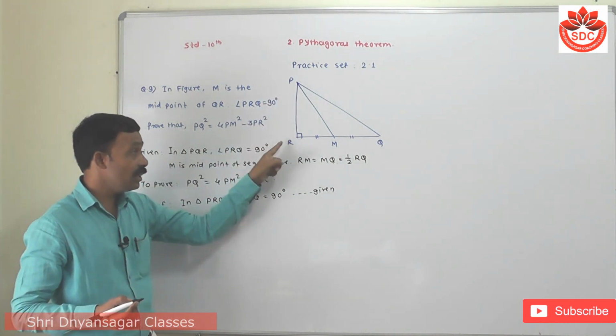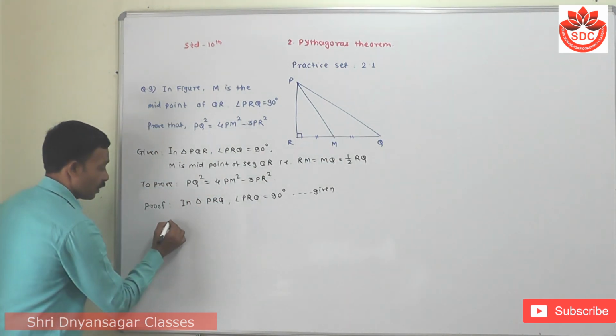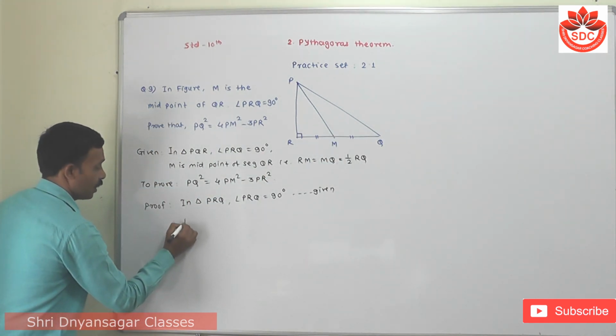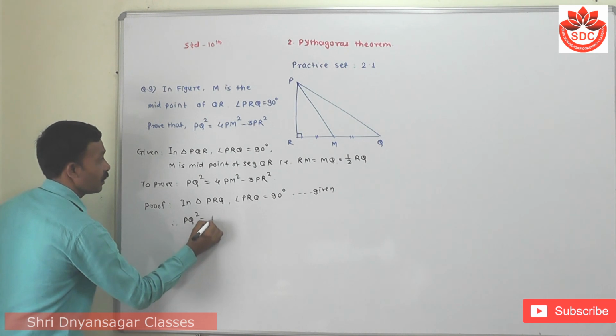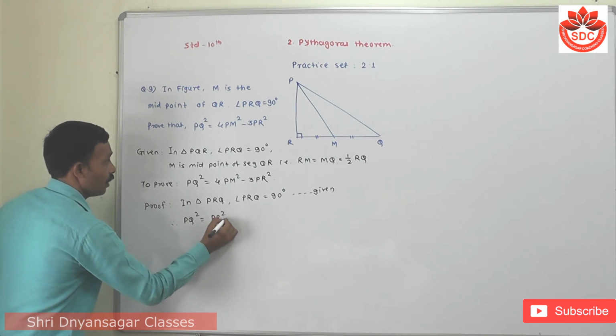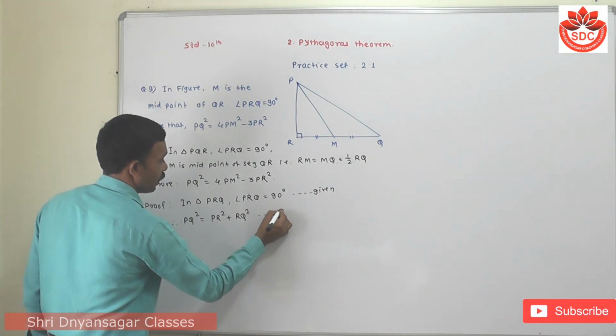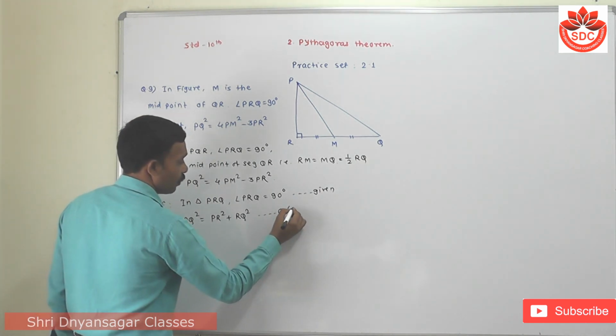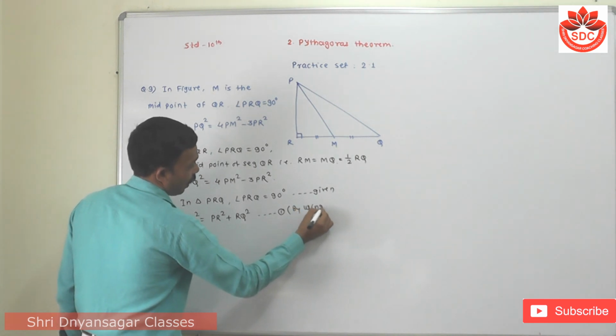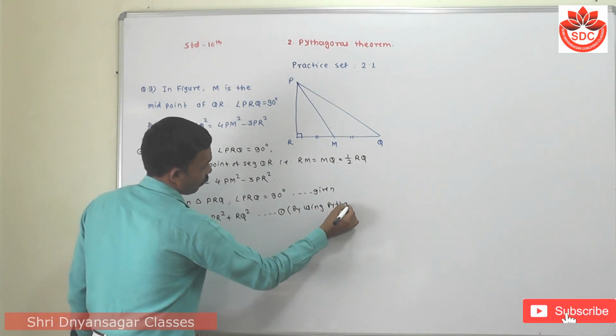So by using this Pythagoras theorem for this triangle, we write here PQ square is equal to PR square plus RQ square. Suppose this is equation number first, by using Pythagoras theorem.